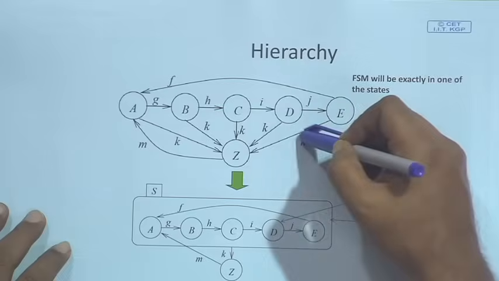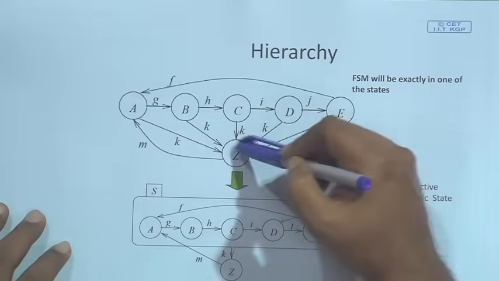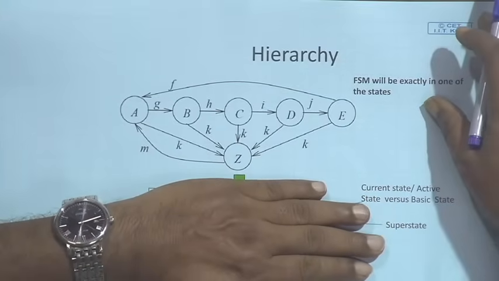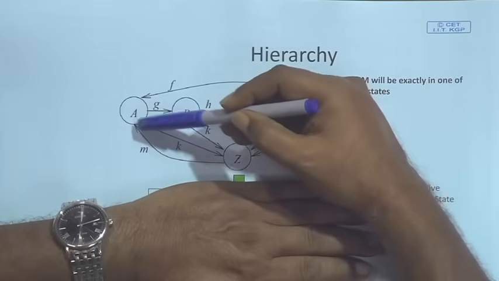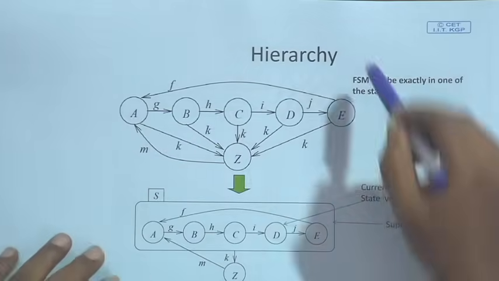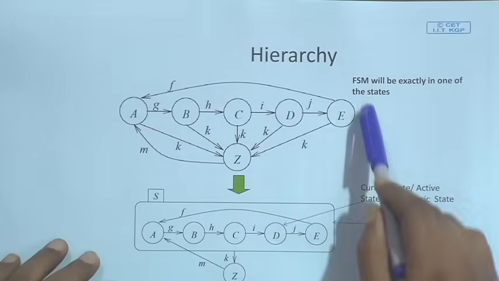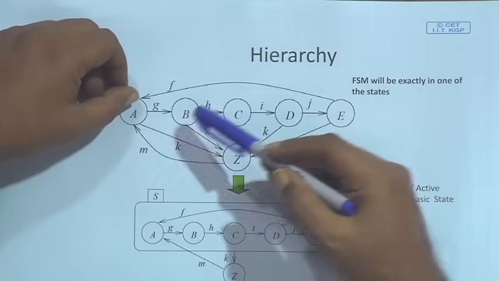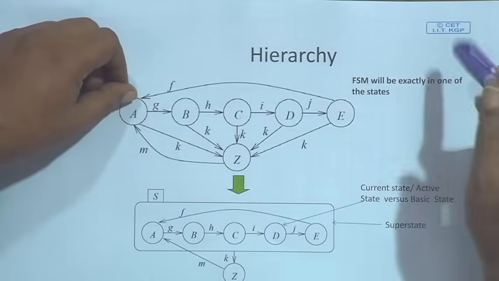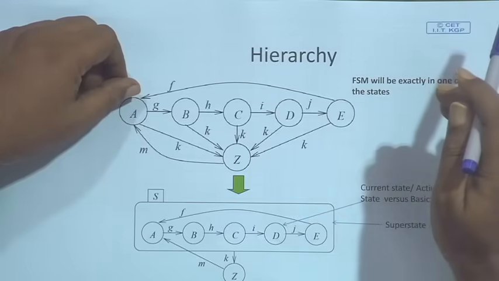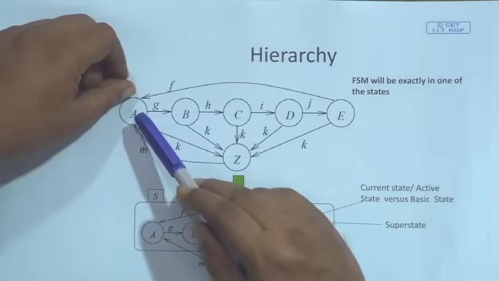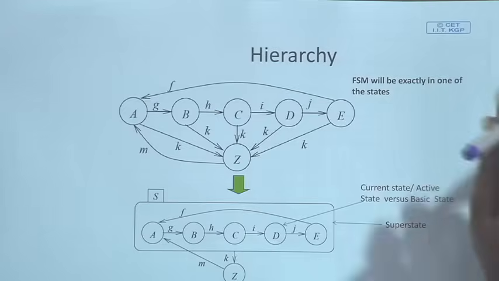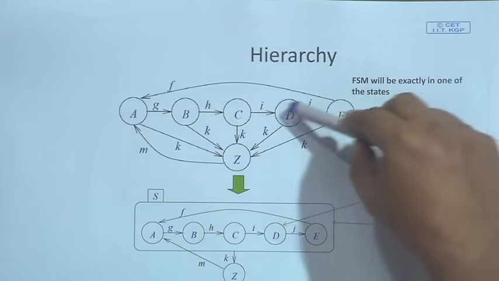And from any state, if event K occurs, I will come to another particular state Z. Forget about this part right now. And from Z, we can come back to M. So, consequently, there are a number of states, and if the system becomes more complex, there will be a larger number of states and larger number of transitions. One thing to note is that the FSM at any point of time will be in exactly one of the states. It cannot be simultaneously in more than one state.